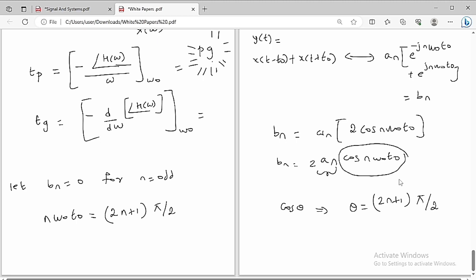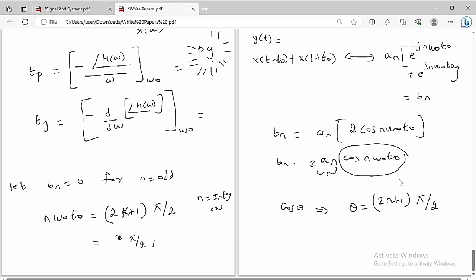So suppose if I substitute n is equal to 0, I am going to get pi by 2. Basically n is integers. Or you can take k here.